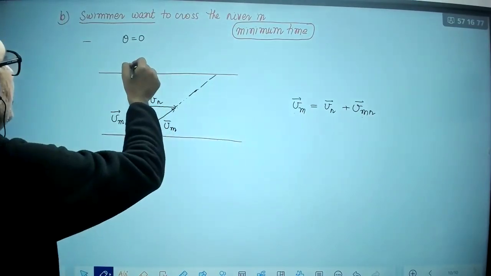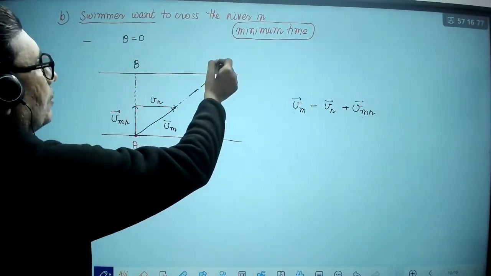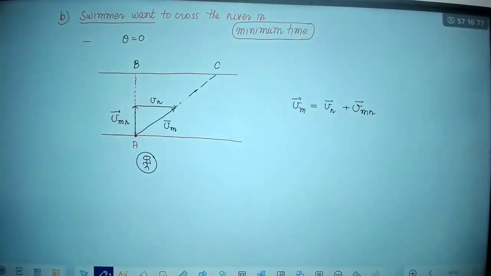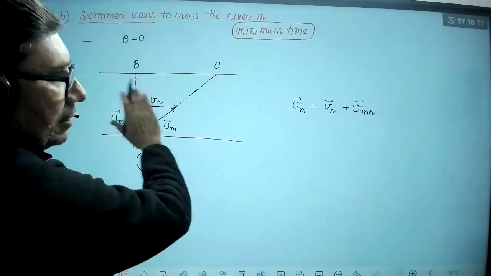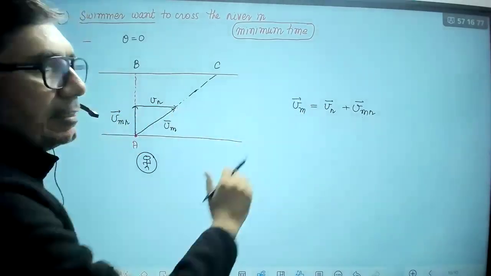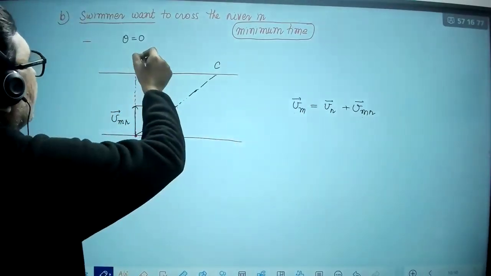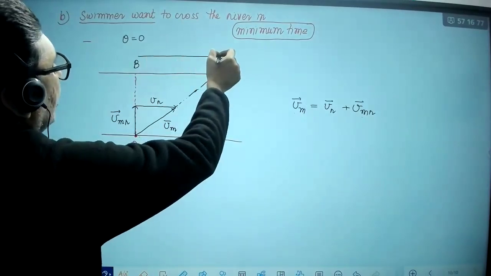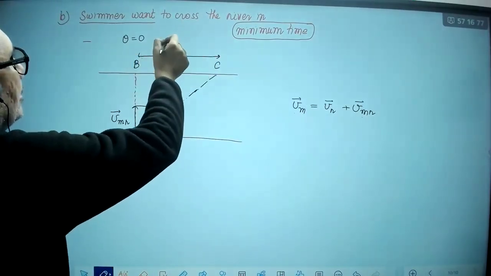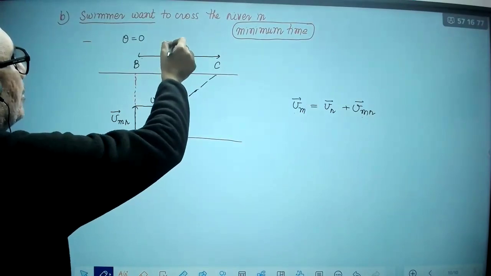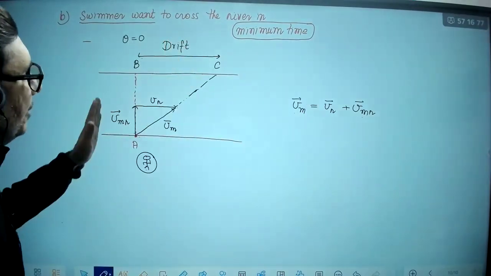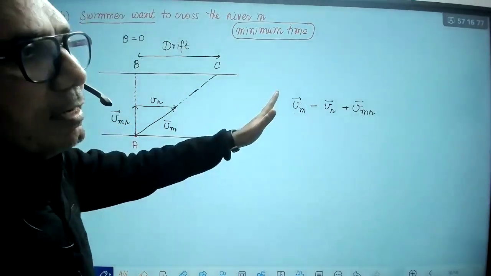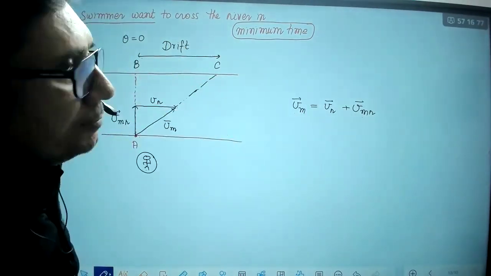So this point is B. Now, after crossing in minimum time, this person will reach here at point C. So this horizontal distance covered in the x direction from B to C is called the drift. So in this minimum time, the swimmer is drifted along the flow direction by a distance BC.